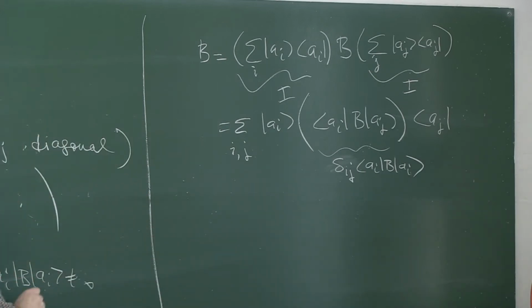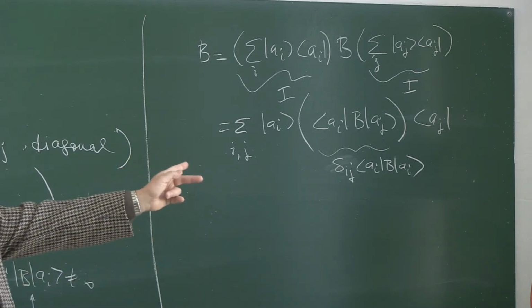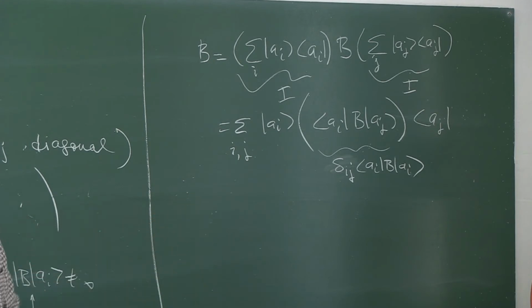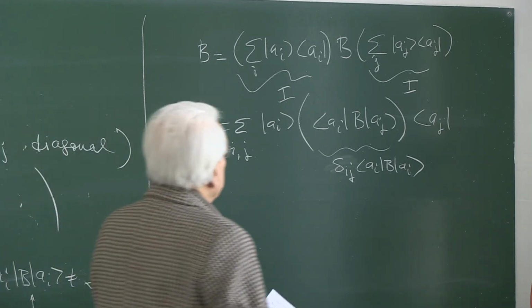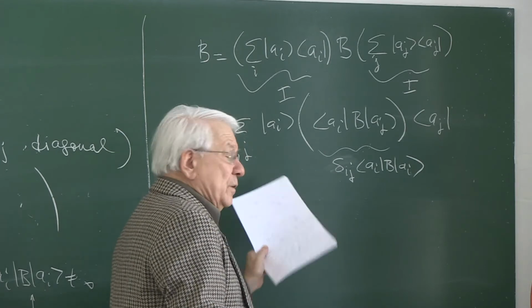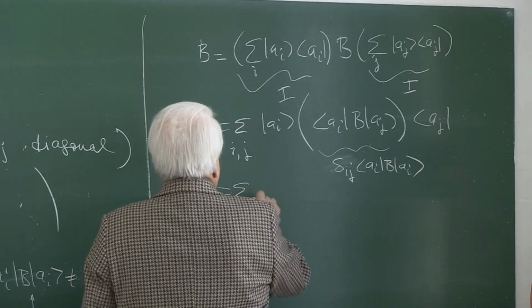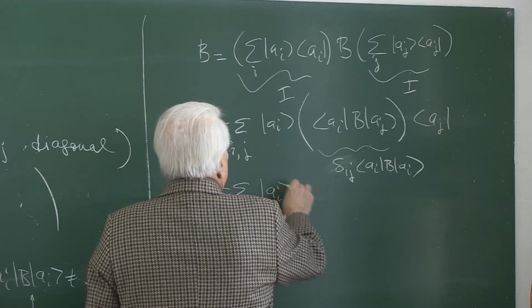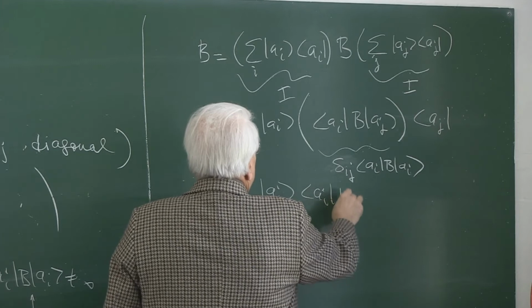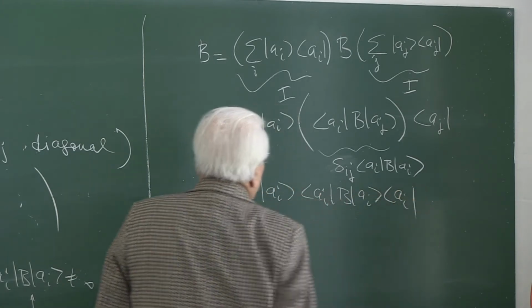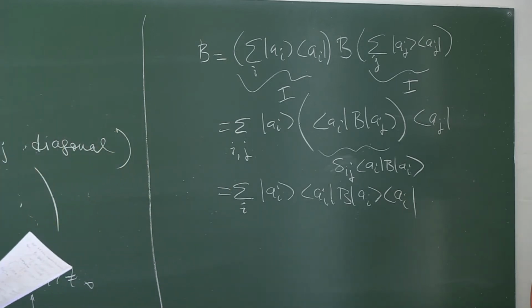Combining these two, you know that it should be diagonal, only the diagonal elements, and delta_ij is telling you that when i is different than j, off-diagonal elements are 0. This delta_ij enables you to carry out one of these summations, which reduces to a single summation. Then it becomes |a_i><a_i|B|a_i><a_i|. Okay.